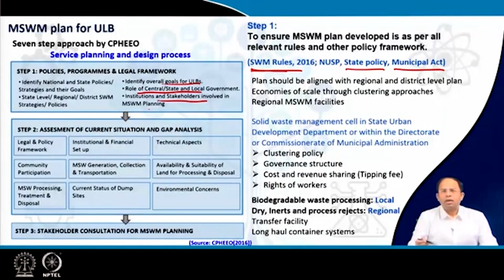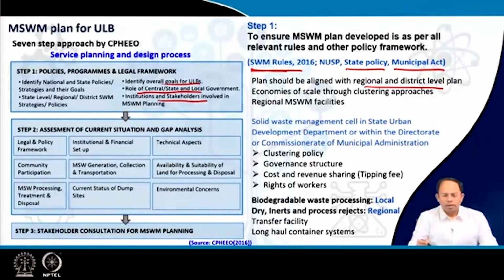Now, once the rules and the responsibilities are studied, we should also see that the plan that we prepare is aligned with the regional and district level plan. So we may have a regional and a district level plan for solid waste management in an urban area or in an overall larger area, and usually my plan should be a part of this overall regional or district level plan.